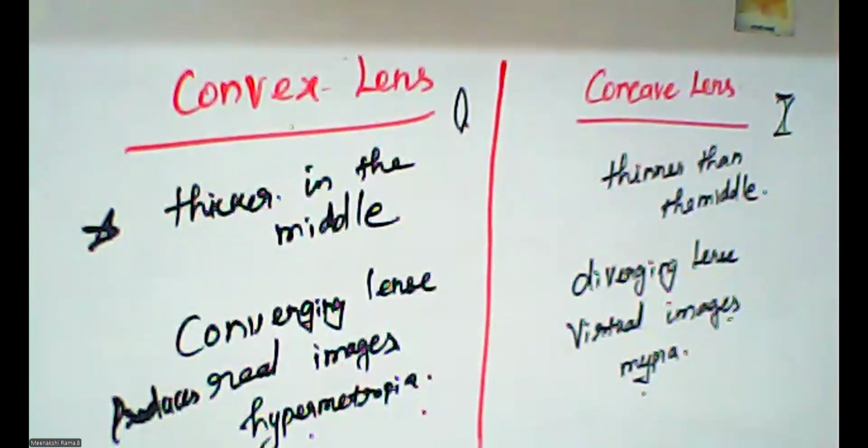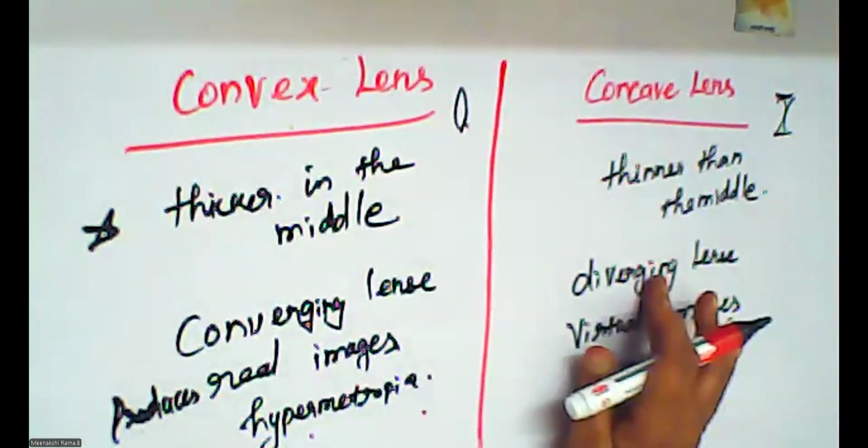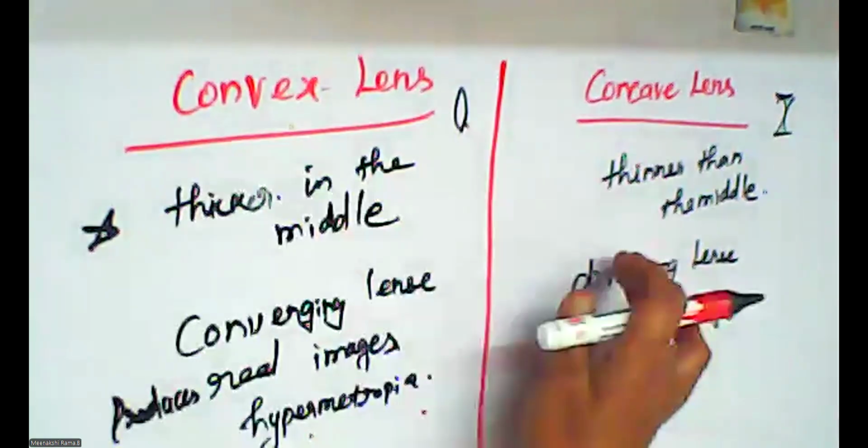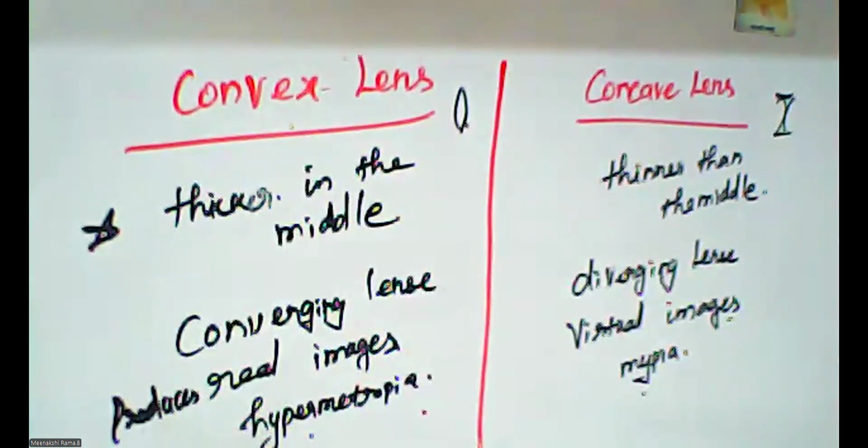What are the examples of convex and concave lenses that we use in our day-to-day life? Where are we using the convex and concave mirror? Because it is also very good. It will help to get a clear idea about the convex and concave mirror, and where the images are formed.